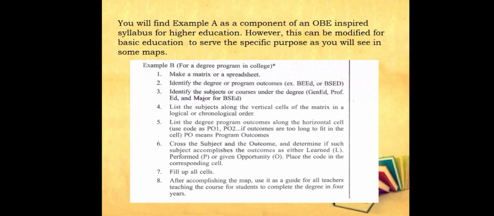Cross the subject and the outcome and determine if such subject accomplishes the outcome as either learned, L, performed, P, or given opportunity, O. Place the code in the corresponding cell. 7. Fill up all cells. 8. After accomplishing the map, use it as a guide for all teachers teaching the course for students to complete the degree in 4 years.